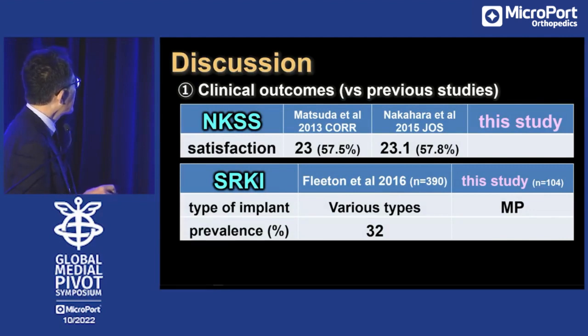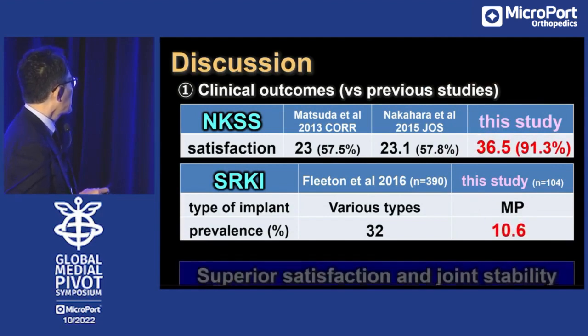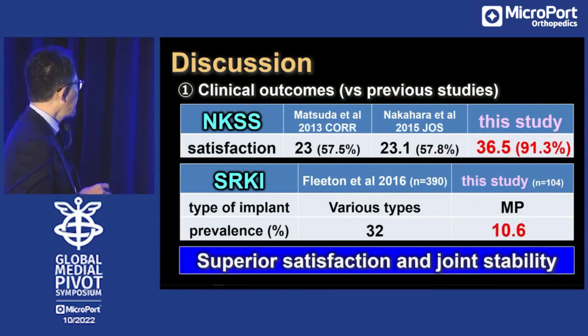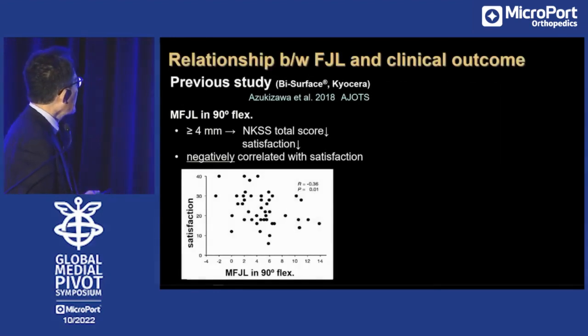In this study, NKSS and SRKI were much better than those of the previous study, indicating superior satisfaction and joint stability. One previous study also reported the relationship between FJL and the clinical outcomes.